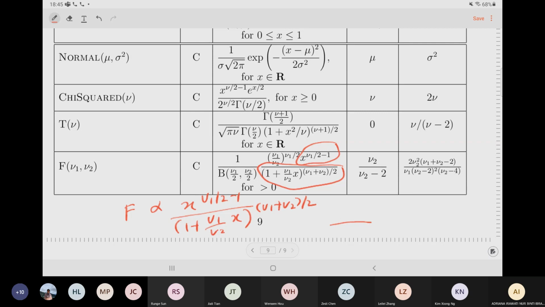The rest are actually constants. That's why I have 2 there for V1, because V1 over 2, so it's 2 times something divided by 2. And then you have V1 plus V2. So this is actually the kernel of the F distribution.